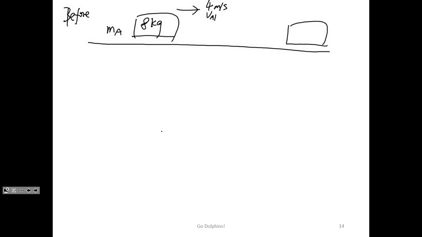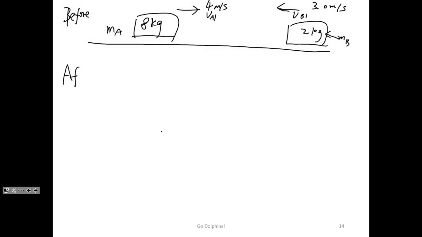And then you have 2 kilogram moving 3 meters per second, VB1. This is MB. This is before the collision.